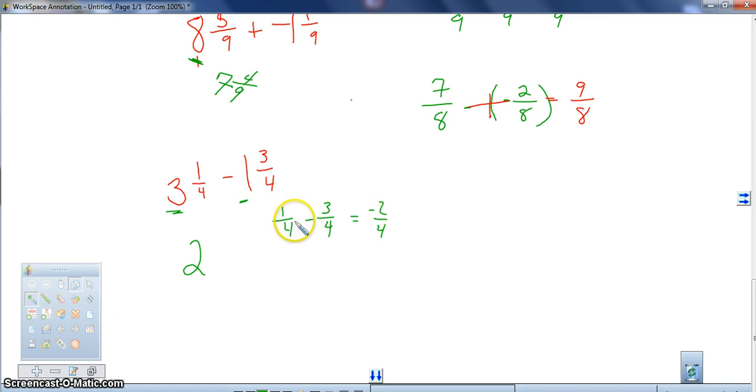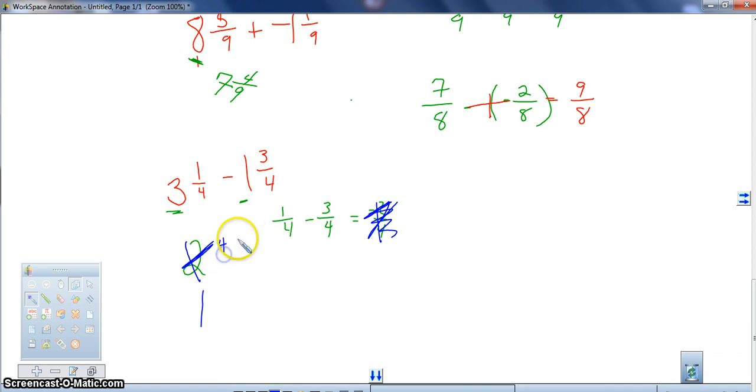So what I have to do is I'm going to have to borrow. Because 1 is smaller than 3, I'm going to have to borrow. So what I'm going to do is change this 2 right here, I'm going to make it a 1. And I'm going to borrow 4 from it.